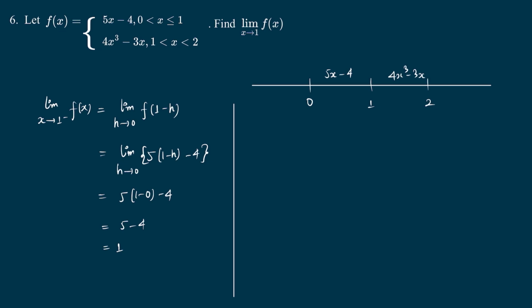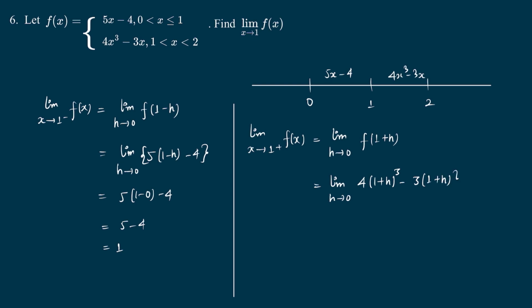Let us find the right hand limit. Limit x tends to 1 plus of f(x) equals limit h tends to 0 of f(1 plus h). Since we are approaching 1 from the right hand side, the function is 4x cubed minus 3x. So it will be 4 into (1 plus h) whole cube minus 3 into (1 plus h). Now let us put h as 0.